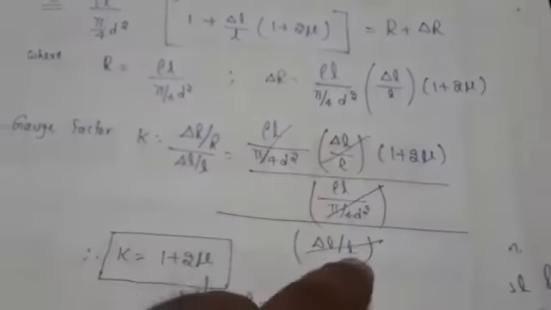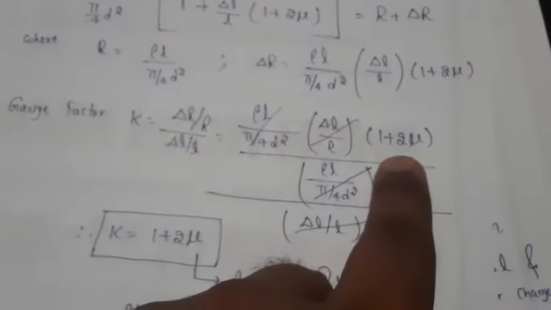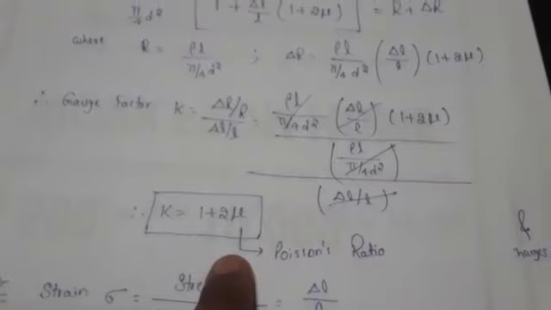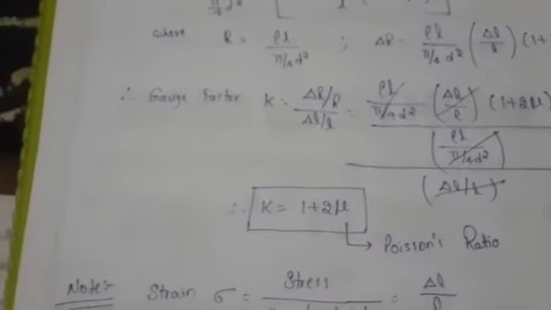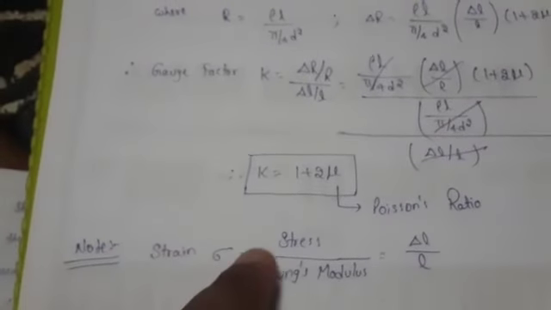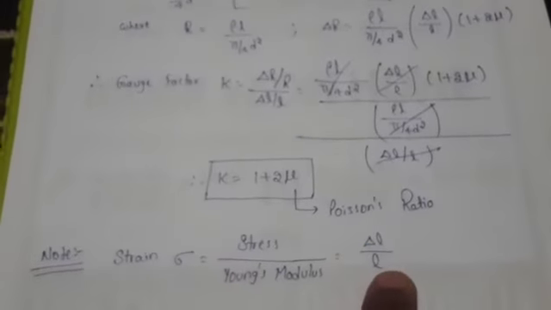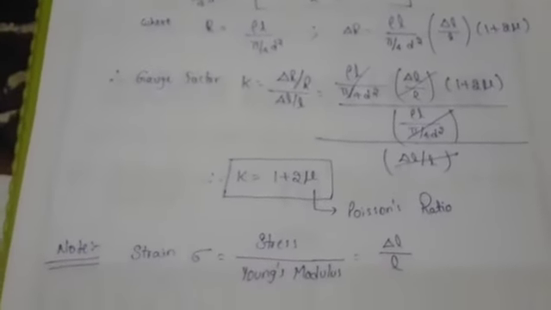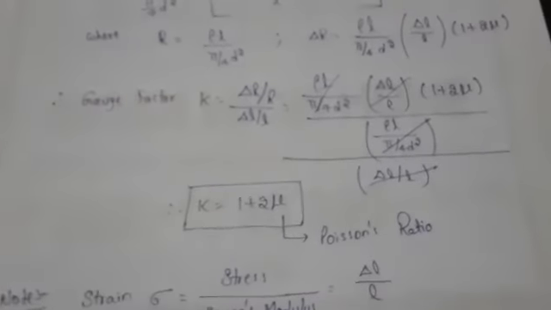So we get K equal to 1 plus 2 mu, where mu is the Poisson's ratio. And just now we discussed that strain sigma equals stress by Young's modulus, which is equal to delta L by L.